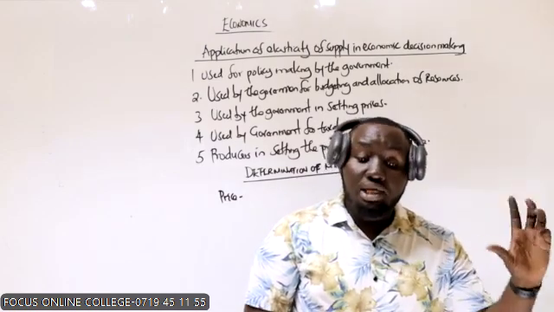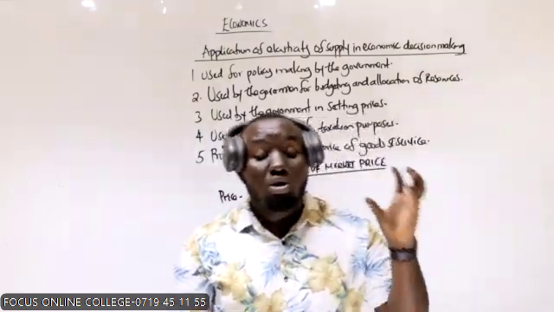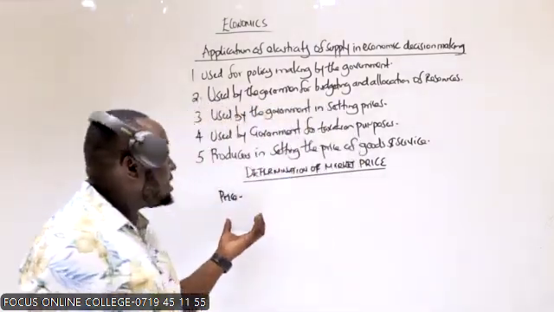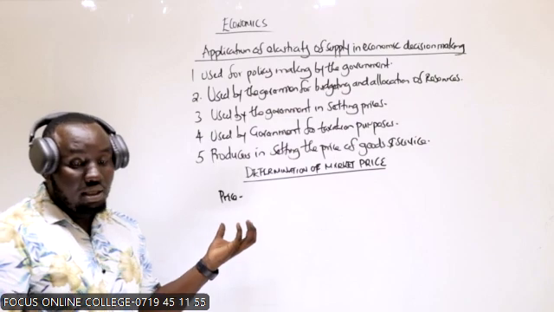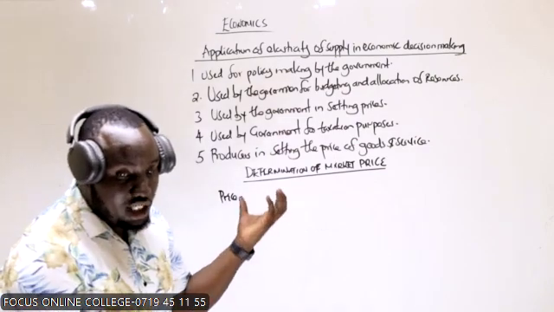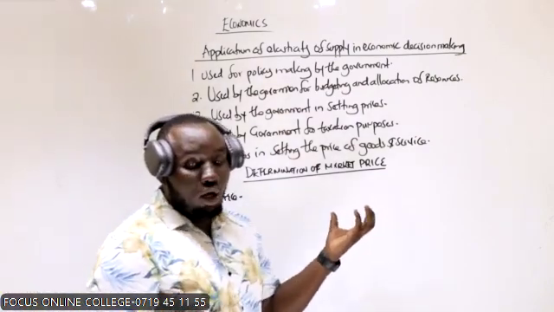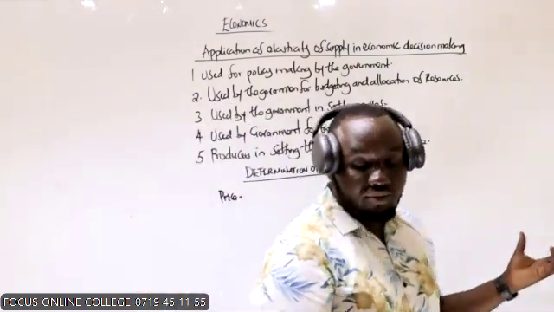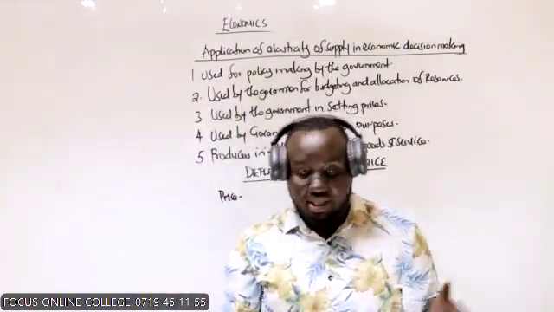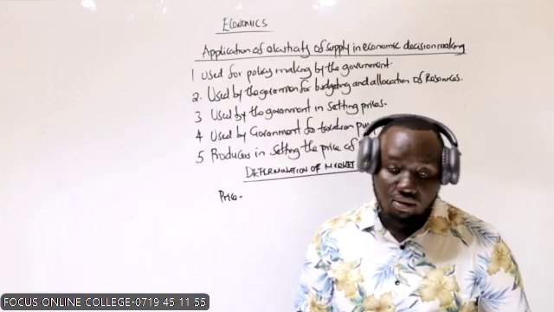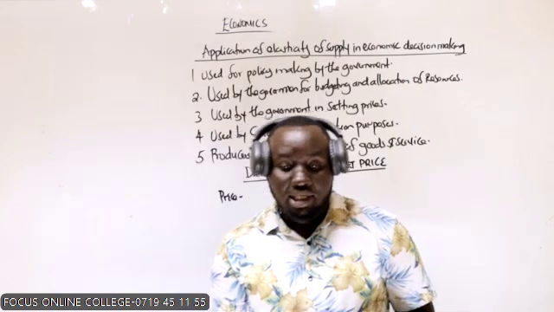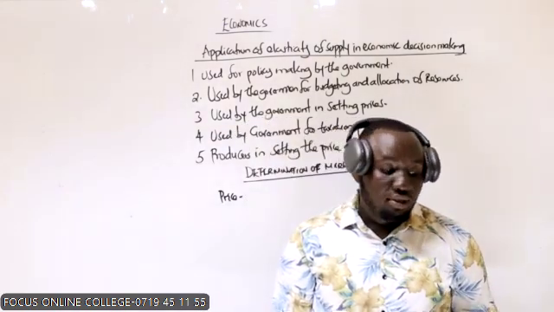So the first one in determination is the concept of price. What is price? Eunice, what is price? Paul, what is price? Kitawe, what is price? When you say price, what do we mean?